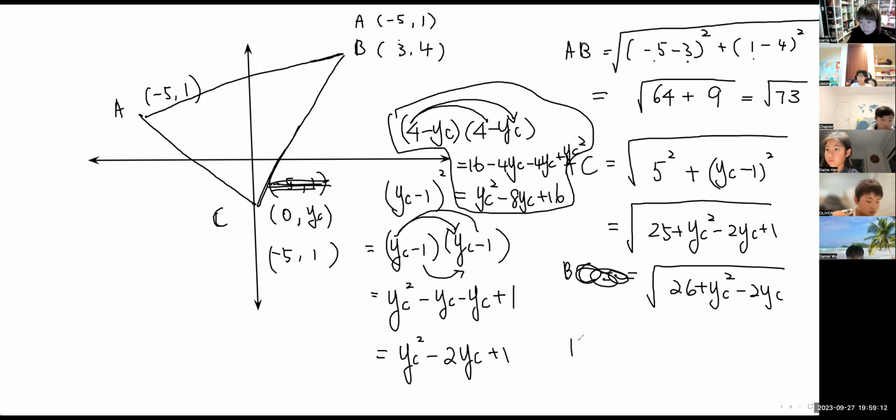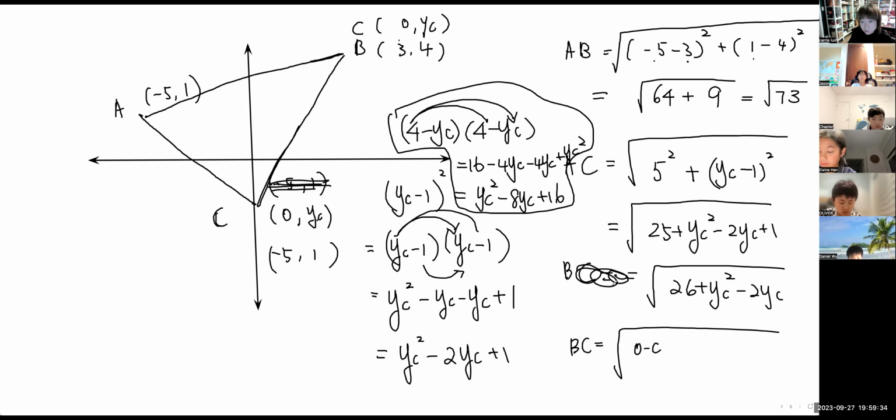Okay, so we see BC. So I'm going to move this A off. So I'm going to put C here. Get it, everybody? I'm just putting there to help myself to do all the questions, right? So it's what? 0 minus 6, minus 3 squared plus YC minus 4 squared.